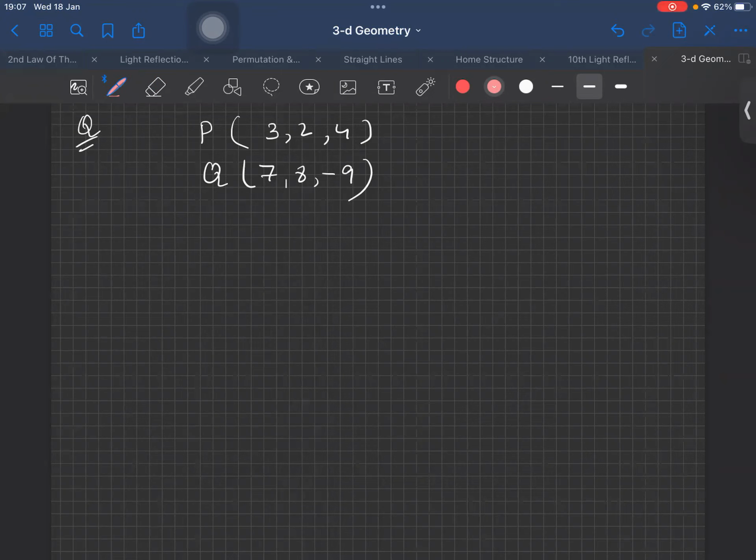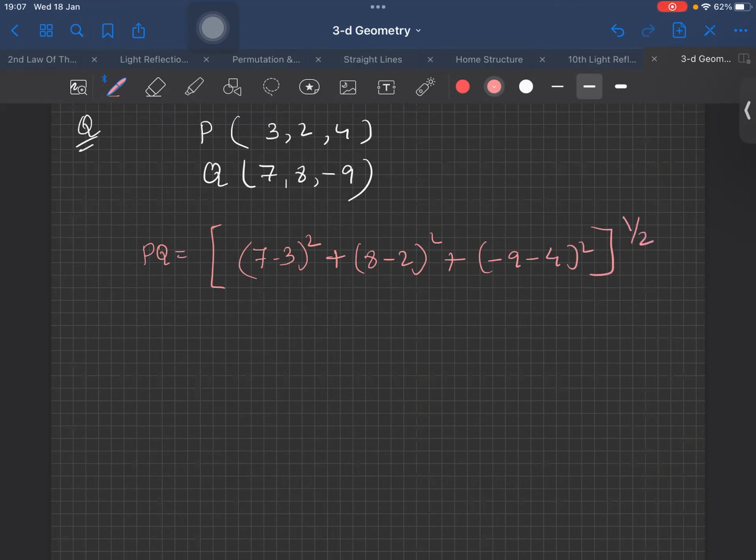PQ will be equal to the square root of (7 minus 3) whole square plus (8 minus 2) whole square plus (-9 minus 4) whole square. This will be equal to 4 square plus 6 square plus 13 square.